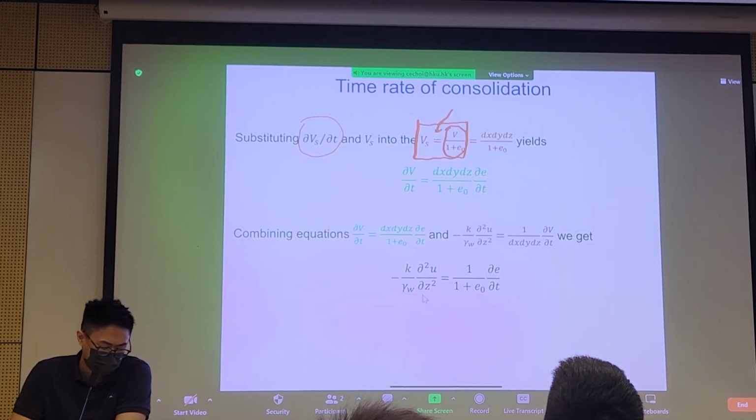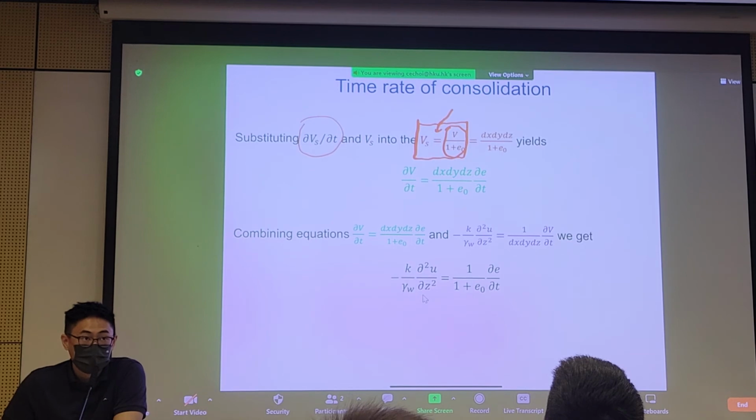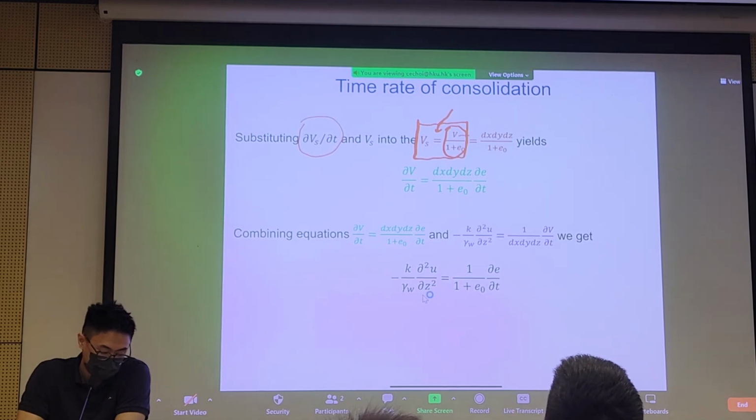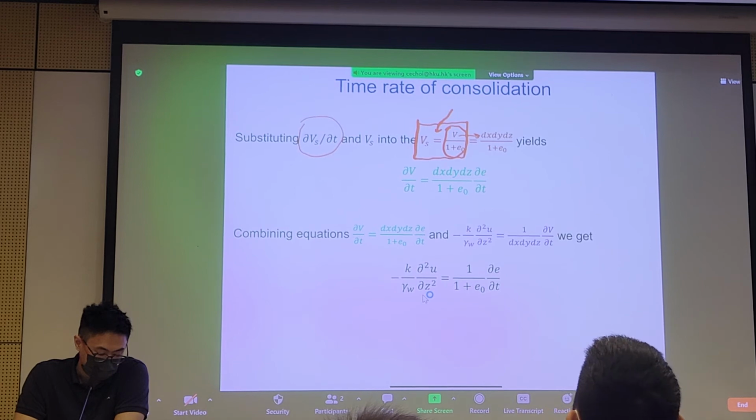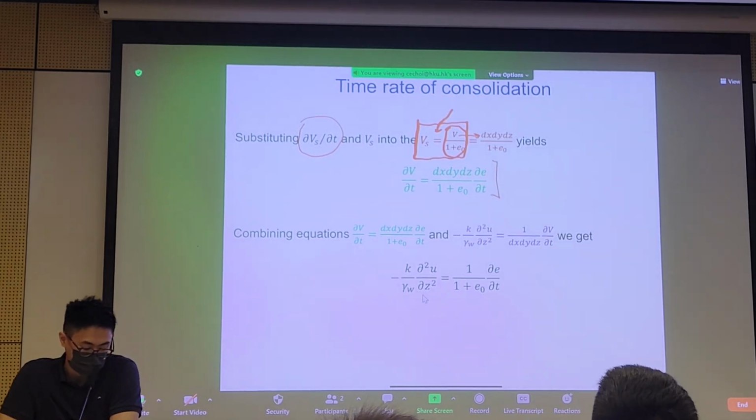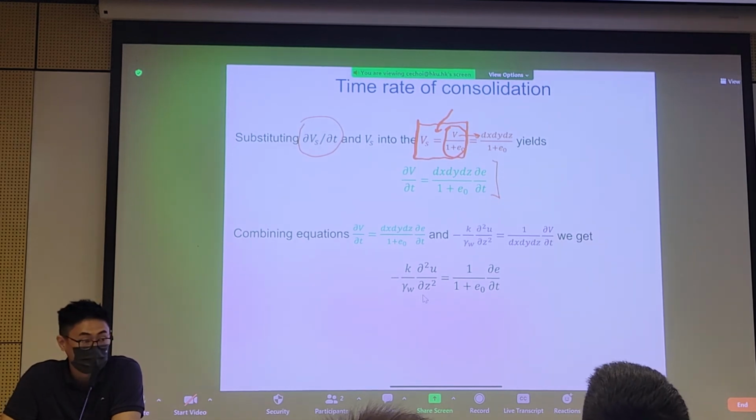Well, this is from your mass volume relationships from basic soil mechanics. So if you flip back to your textbooks, you'll probably find this relationship. And we know that the volume is, well, three dimensions, dx, dy, dz. And then we can substitute the expression to get our change in volume with time. And it's a function of our void ratio.